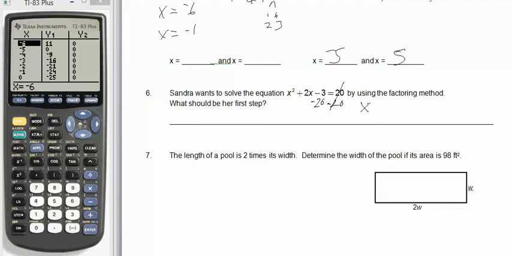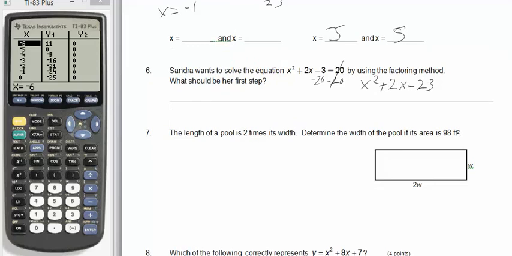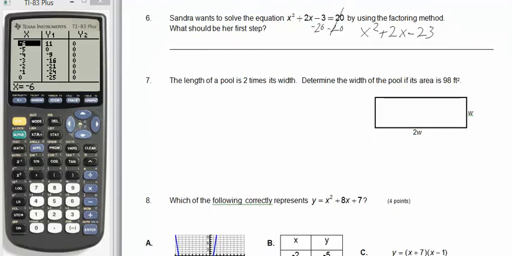And we end up with x squared plus 2x minus 23. And we're not going to finish this one because it doesn't come out evenly, but that's the first step we'd need to do. So you would write here, subtract 20 from both sides.